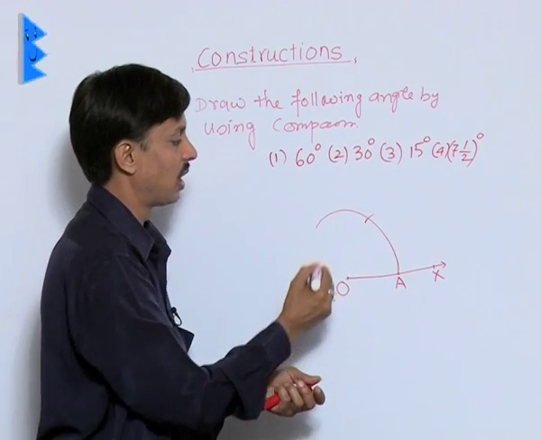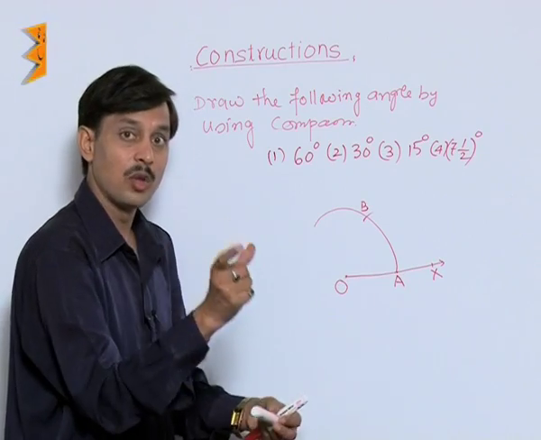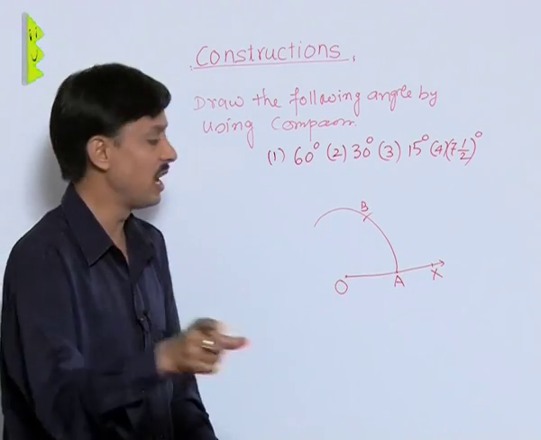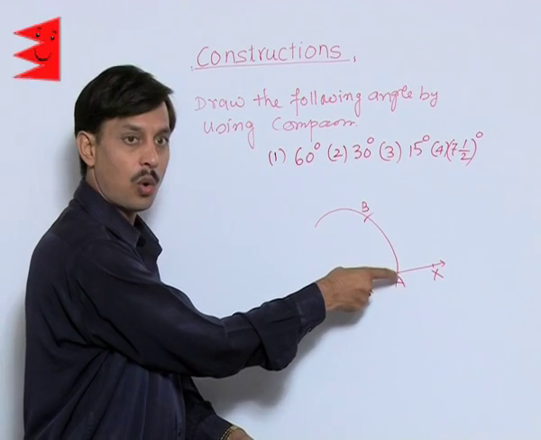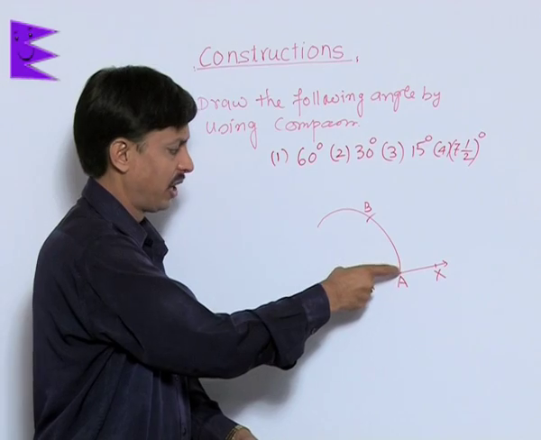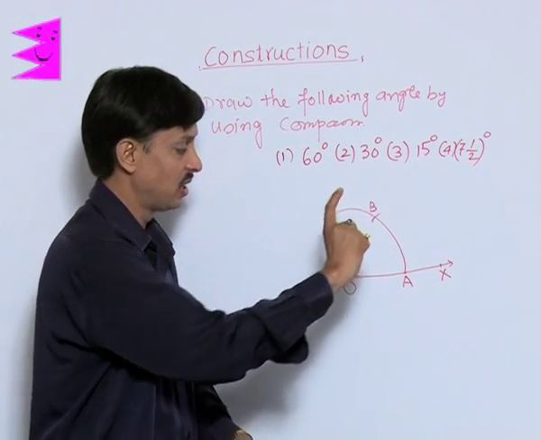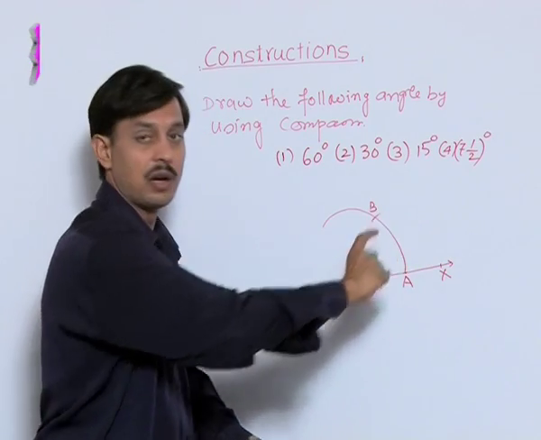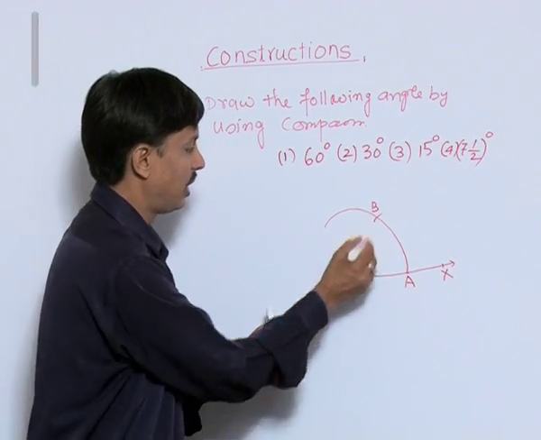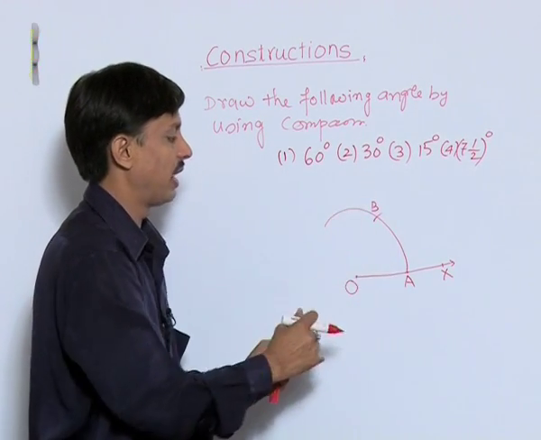Suppose it cuts here at B, with the same radius that was taken in case 1. It was OA. Now, taking A as center with the same radius, mark an arc. This arc cuts the given arc at B.